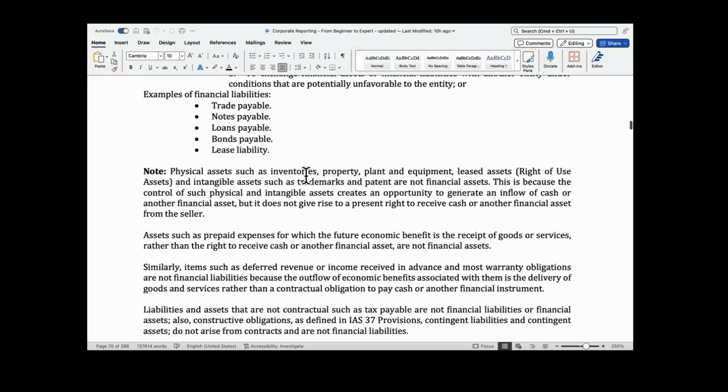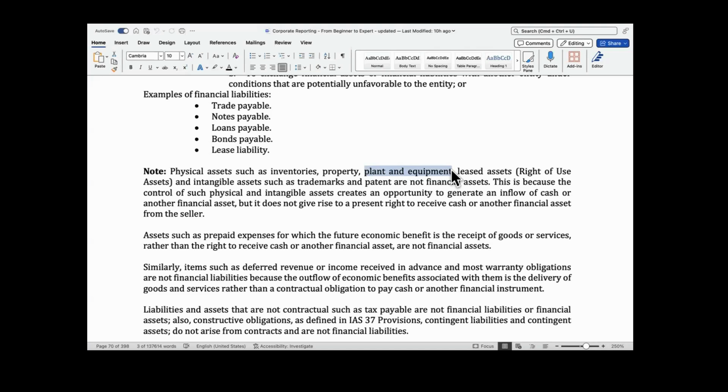It's just like you have a machinery that you are using to produce your products. Even though the machinery produces the product you sell, does that mean the machinery gives you the right to cash? No. What the machinery is doing for you is giving you an opportunity to generate cash. It's different from when you have the right to cash. They are different.